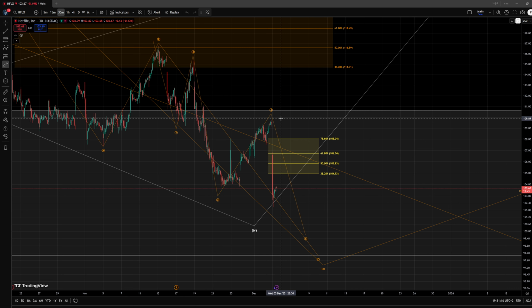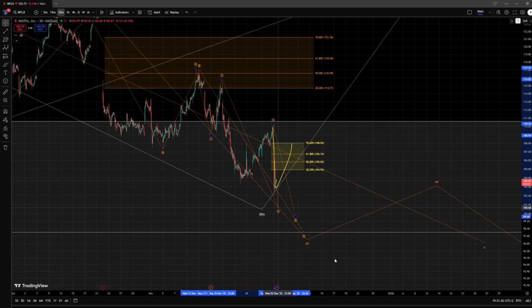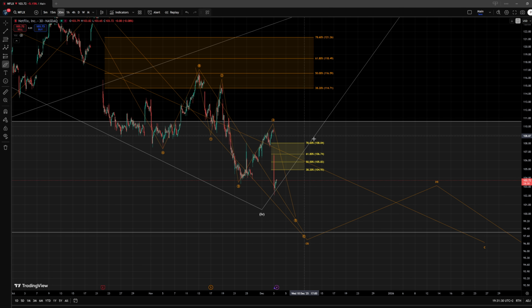Honestly, for all purposes within this ABC structure, it could be even a 1-2 setup. In the interpretation that this third wave would extend, it doesn't need to form an ABC. Instead, we would expect to form a 5-wave structure, where if this is a 5th wave down, we would be instead looking for an ABC pattern, but it would have the same area of resistance, which is why we are going to focus specifically on these levels.